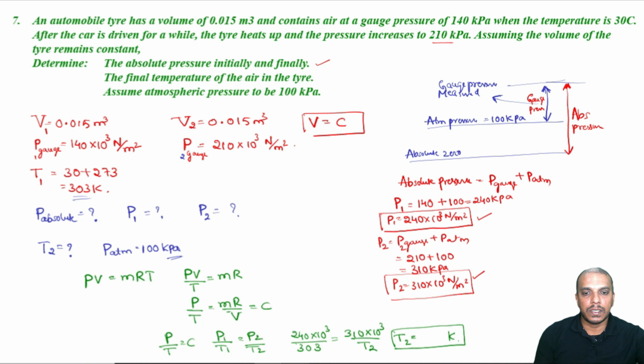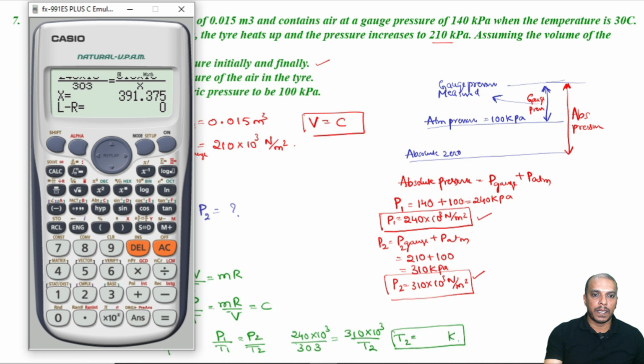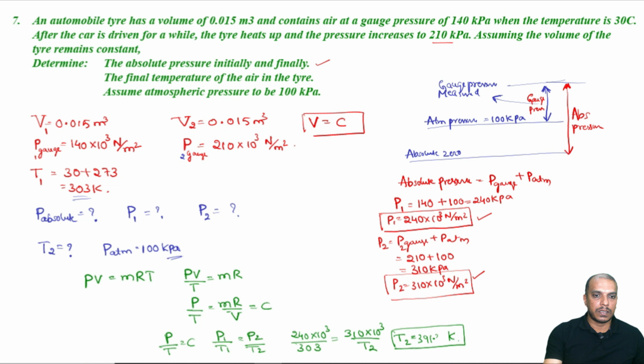Let us solve this equation as it is: 240 into 10 power 3 divided by 303 equals 310 into 10 power 3 divided by x. Using the calculator's solve function, solve for x. So T2 is 391.375 Kelvin.